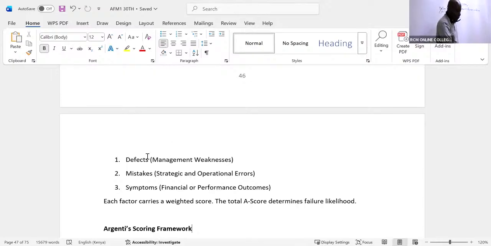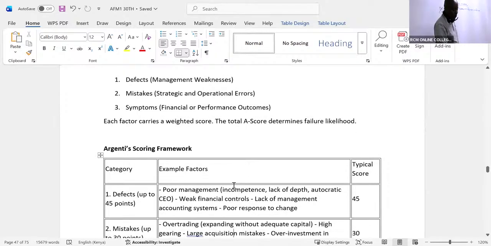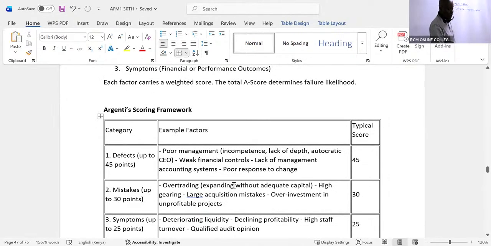So defects, management weaknesses, mistakes, strategic and operational errors, symptoms, financial or bad performance outcomes. You can see the scoring of Argenti's A-score. You can see under defects, up to 45 points. Examples of defects are which ones?